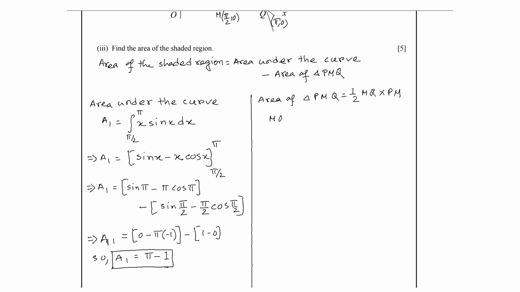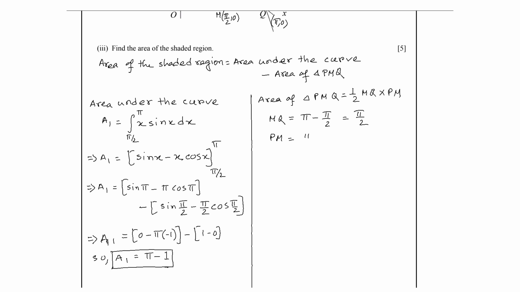So the length of MQ is pi minus pi by 2, that is pi by 2. Now we need to find the length of PM.